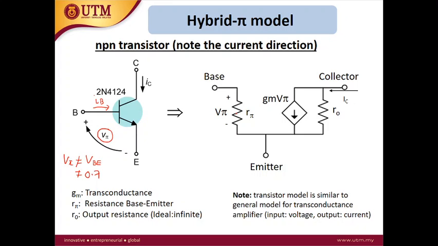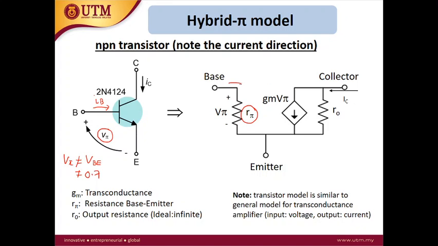In the ideal model of the diode or PN junction, the forward biased PN junction can be modeled as a short circuit, but actually we need to consider the internal resistance. So the internal resistance between base and emitter is represented by R pi.